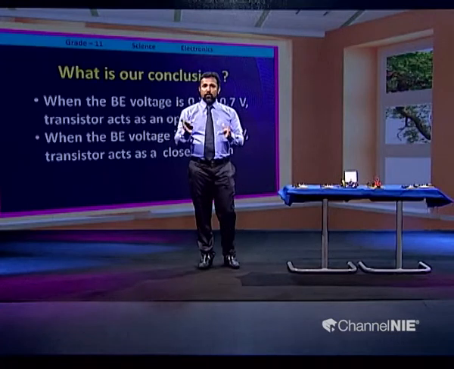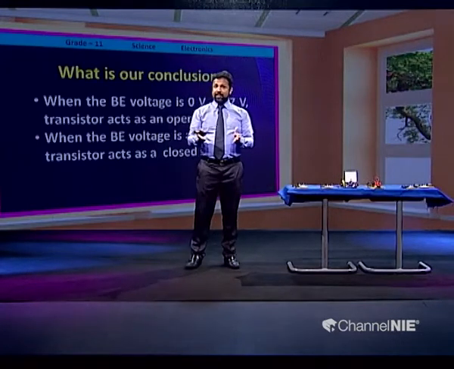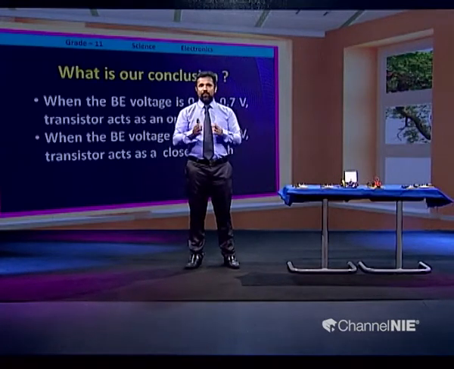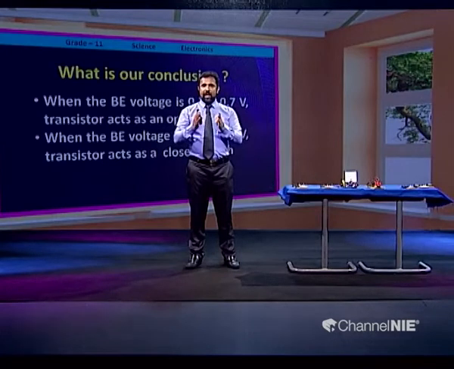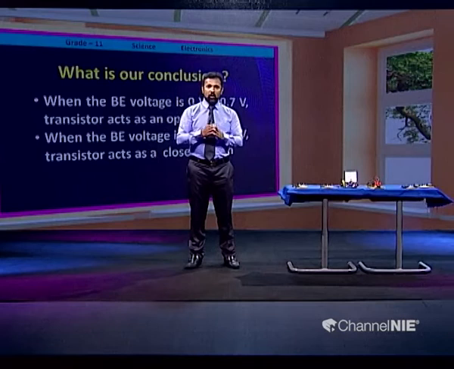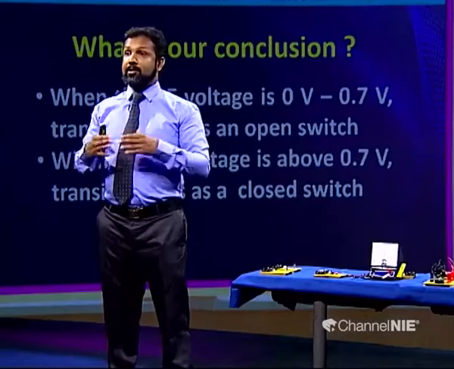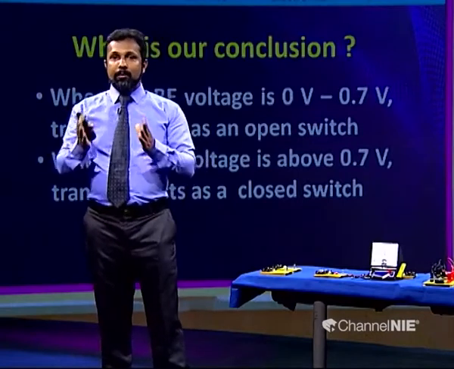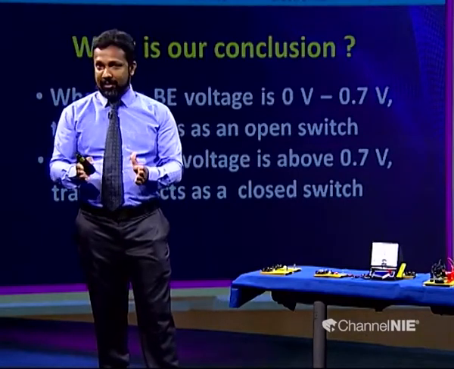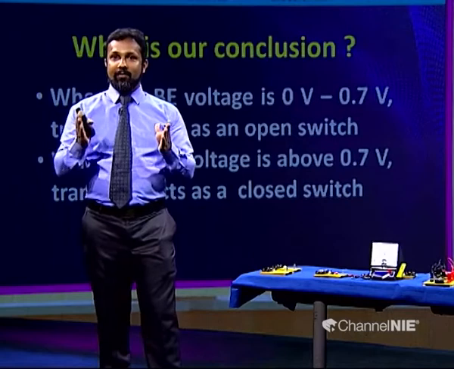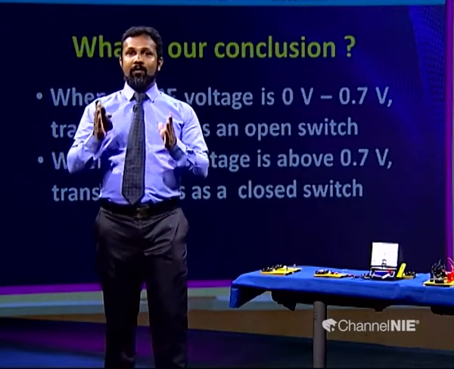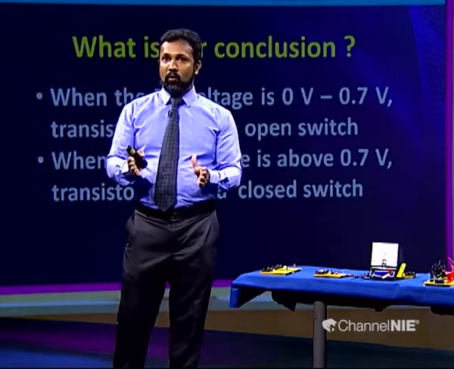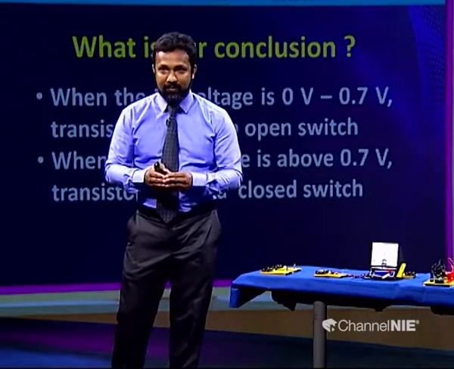Similarly, for a transistor to act as an open switch, the base emitter voltage should be less than 0.7 volts. Why do I say 0.7 volts? Because, my dear children, 0.7 volt is the minimum voltage essential for bias in a transistor.